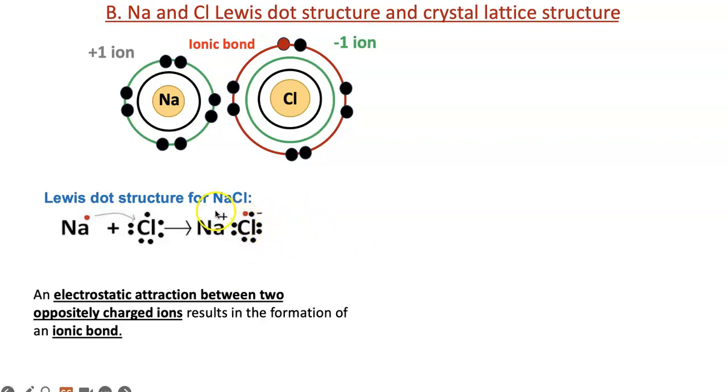And they both have charges shown here. Metal always has a plus and the non-metal has a negative charge. The charge depends on how many electrons it has gained or lost. An electrostatic attraction between two oppositely charged ions results in the formation of an ionic bond.